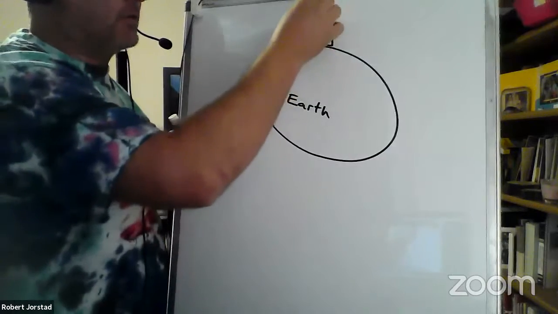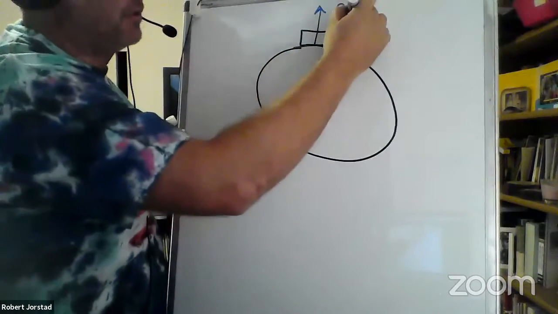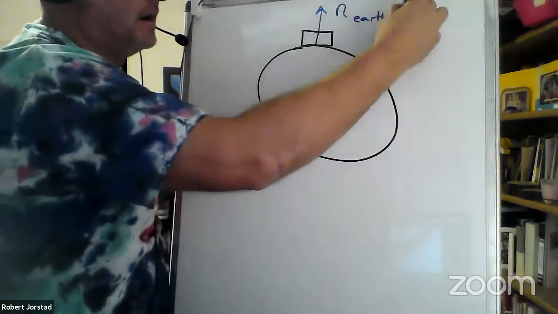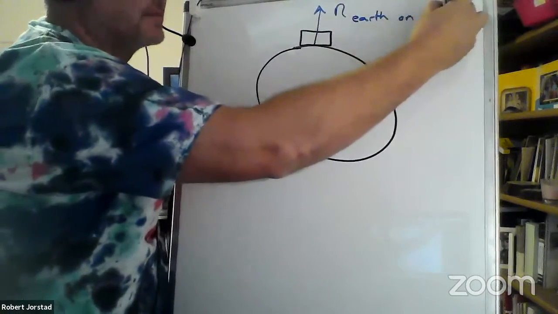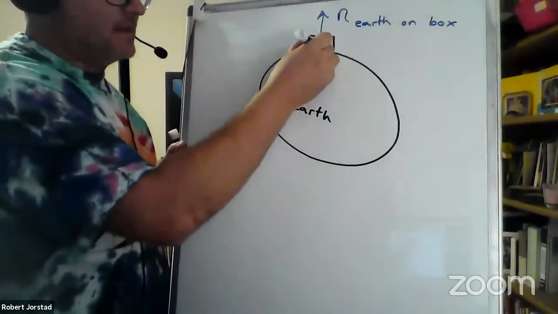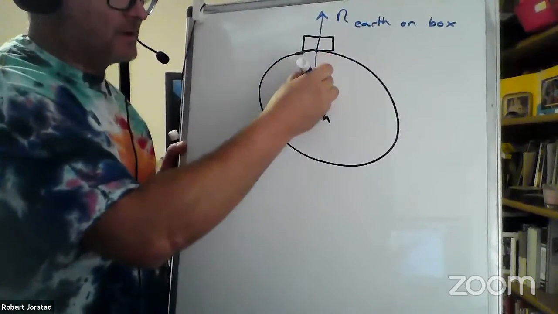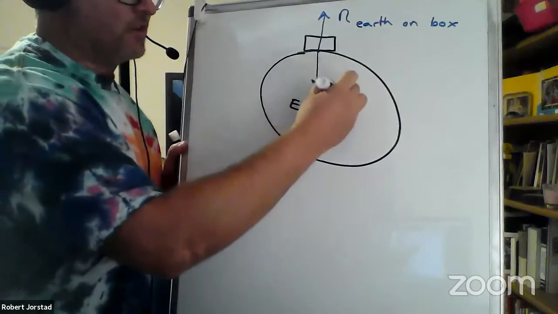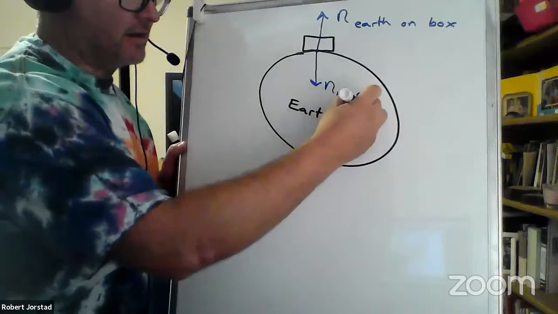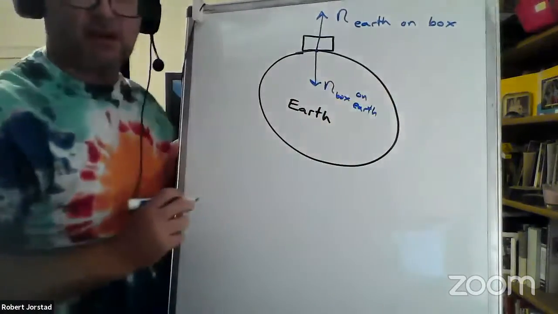We know there's a normal force up, normal force of Earth on box. Okay. Now there's an equal and opposite force this way. There's a normal force of the box on the Earth. All right.